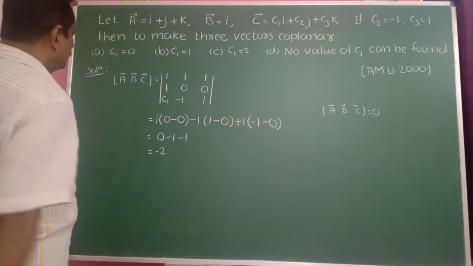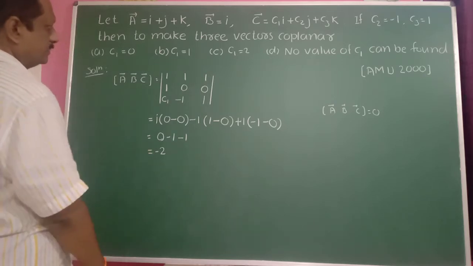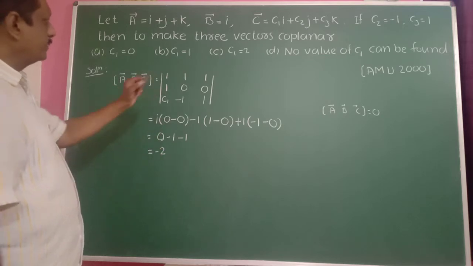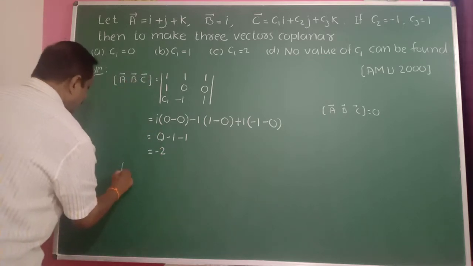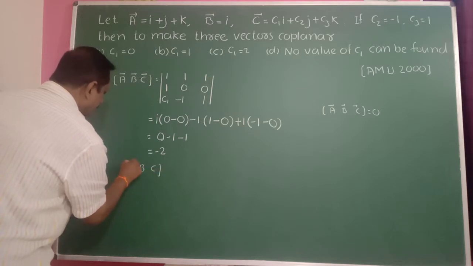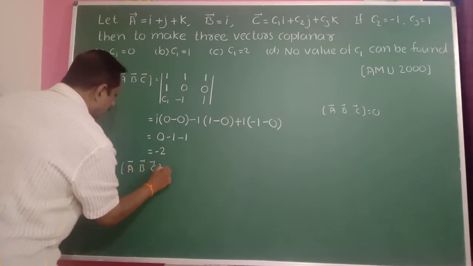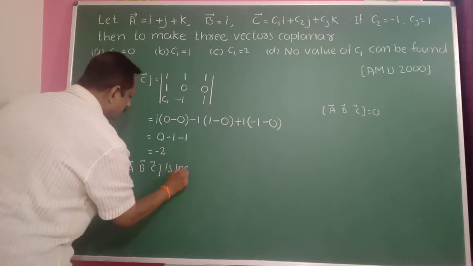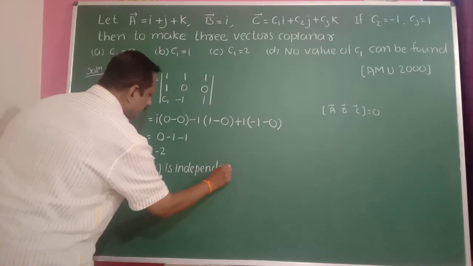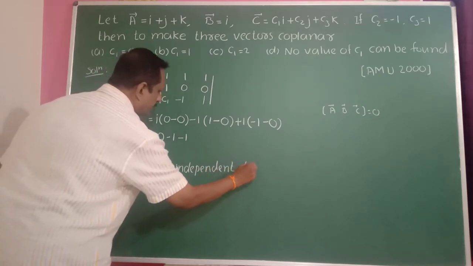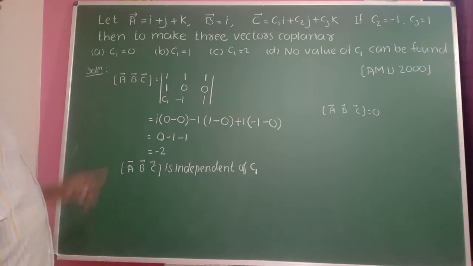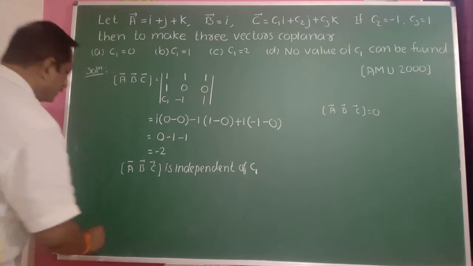Therefore there is no value of C1, because the scalar triple product [a, b, c] is independent of C1. There is no C1 term here. Therefore, no value of C1 can be found.